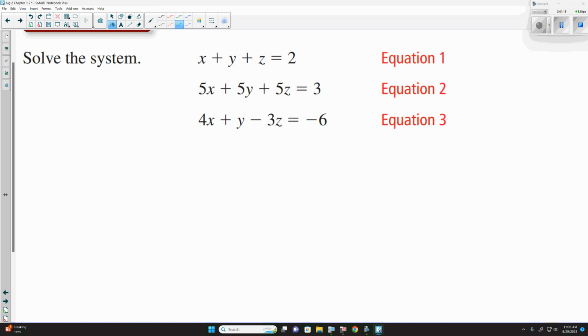So which one do we want to eliminate first? X, y, or z? X. And since we're eliminating x first, we're going to use the top equation as our eliminator equation, because it's the only one that has 1x to it. So it's the easiest to turn into 5x and 4x.